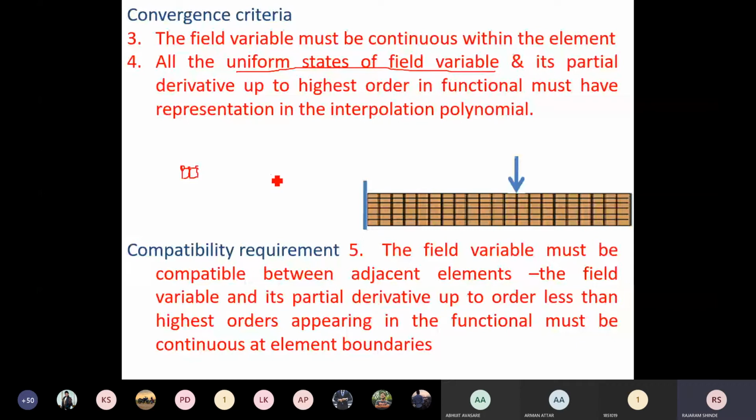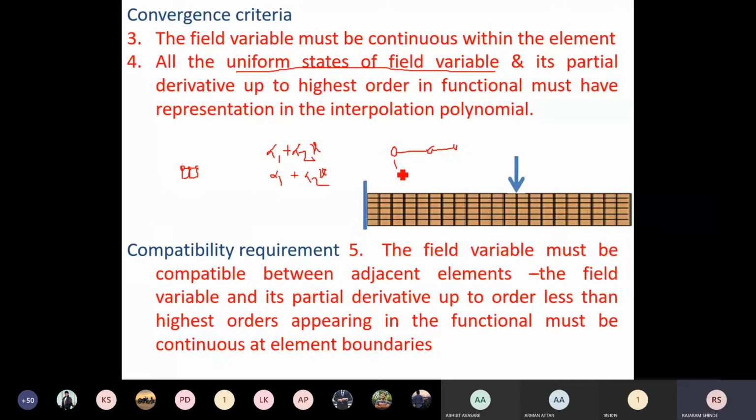That means if we consider alpha 1 plus alpha 2x for the first element, then for the second element it is alpha 1 plus alpha 2x. Now if we consider these two elements, this is one element and this is the second element, from here to here.